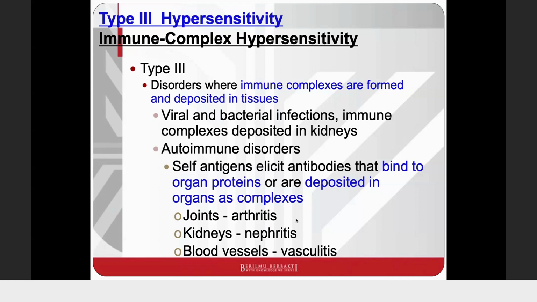For example, an autoimmune disorder that can cause generalized immune complex deposition is SLE, systemic lupus erythematosus. It can cause immune complexes to lodge at the joints, kidneys or blood vessels. Depending on the organs where the immune complexes are deposited, it will cause inflammation at that particular organ: arthritis, nephritis, vasculitis.